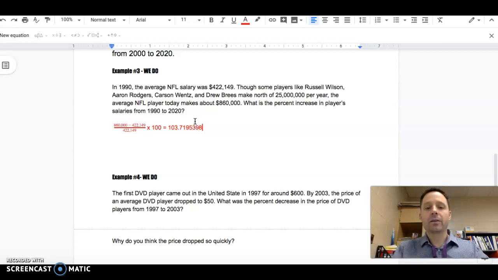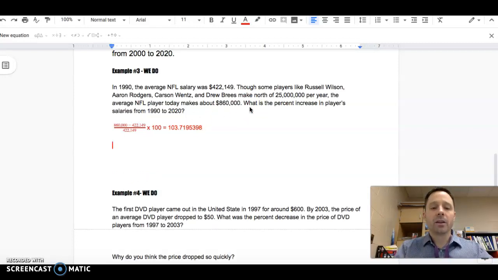Okay, then it terminates. Well, guys, you know from the above example problems, we don't want to leave it like this. So we're going to round to the nearest tenth place, which is this 7. Look behind it, it's a 1, so it tells me to keep the 7 the same.